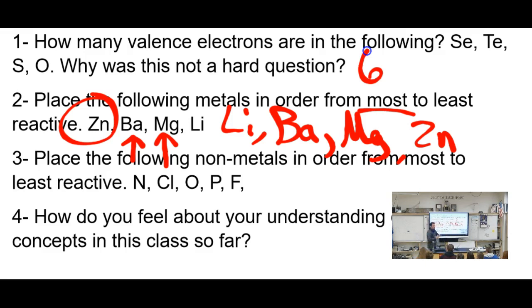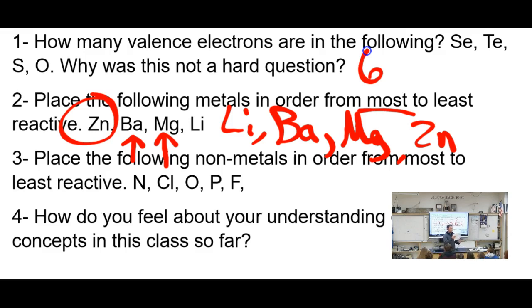All right, and we did have some data to support that. In the first day of class for part B, we added lithium, potassium, and sodium to water, and they were very reactive. The second day, we added things from family 2 to water, and they were not as reactive.